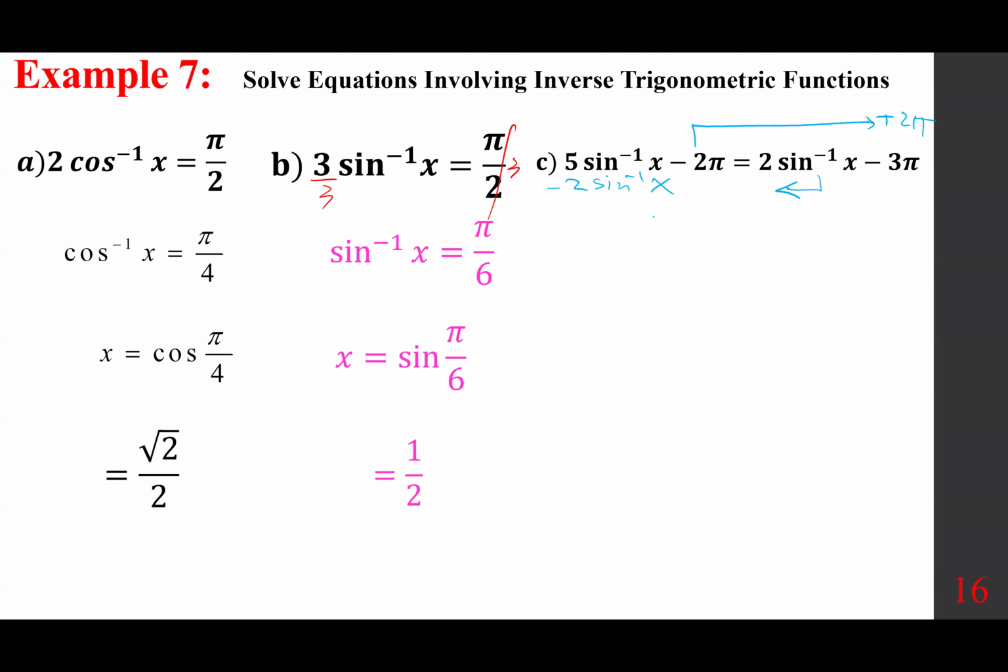So now you have 3 sine inverse of x on the left side, negative pi on the right side. Again, that's pretty straightforward, everybody. And the rest becomes very simple. Divide by 3.